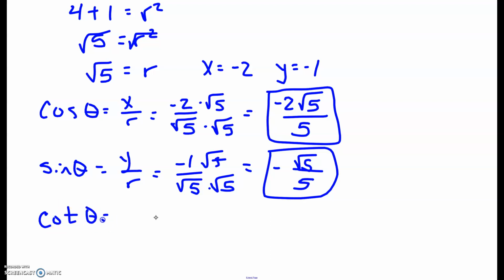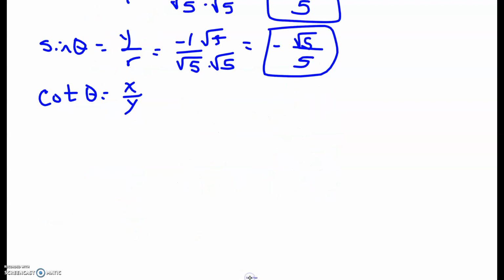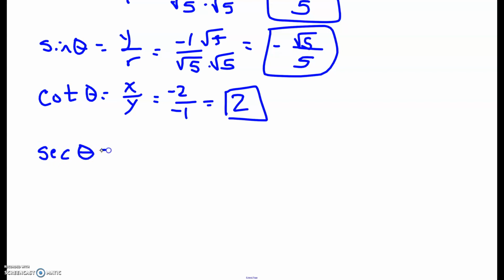Cotangent is x over y. So we would have -2 over -1, which is just +2. Secant is r over x. So we have square root of 5 over negative 2.